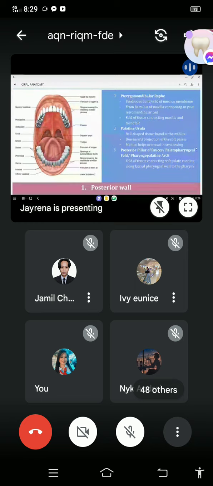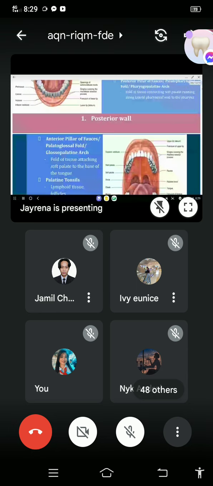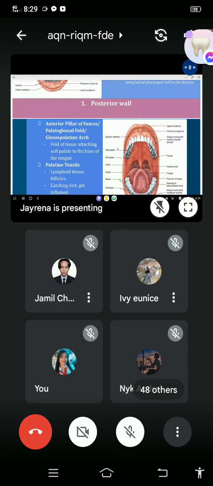So anong pinagkaiba ni palatopharyngeal and ni palatoglossus? When you hear the term glossus, it means tongue. So if it is a combination of palatoglossus, a while ago I taught you that palatal means palate. So it means palatoglossus is the fauces of combination of the palate and the tongue.